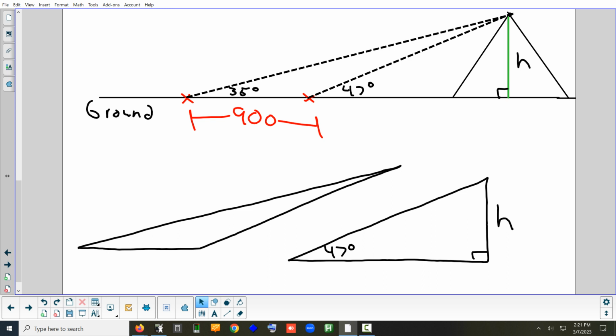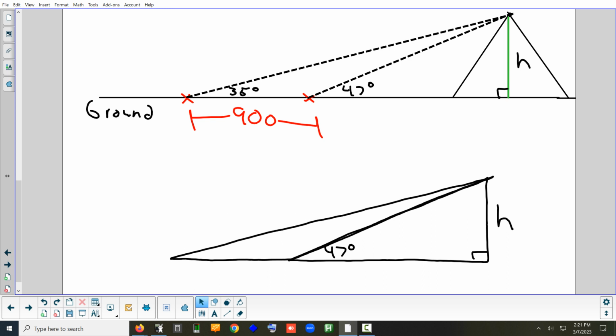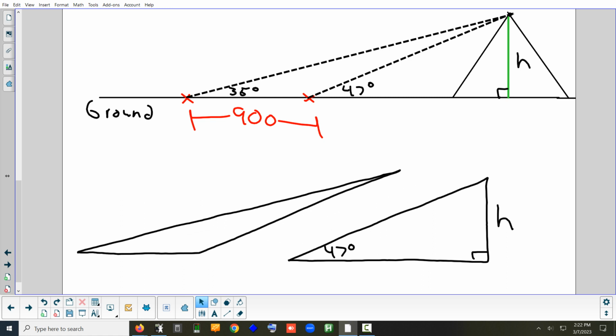Put them together, they make a big one. If you put them together, they make a big triangle? Yeah, they make a bigger triangle. All right. What else do you notice about something that they share? Yeah, the bottom leg is 900 meters. Yeah, okay, so we know that. But there's something in this triangle that's the same as that one.